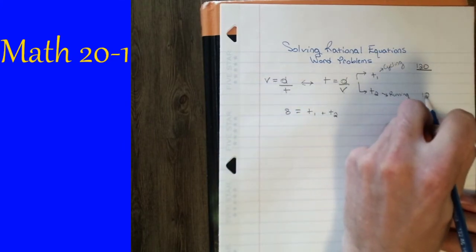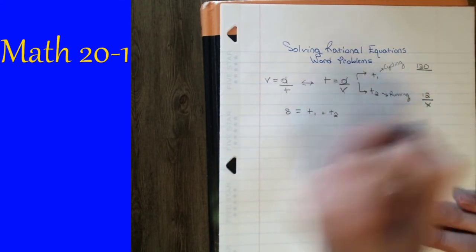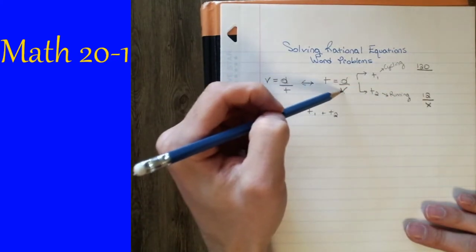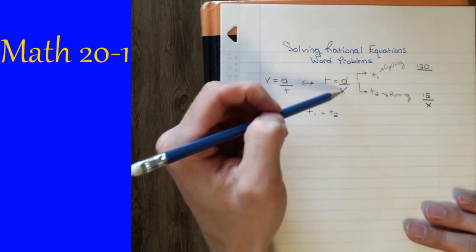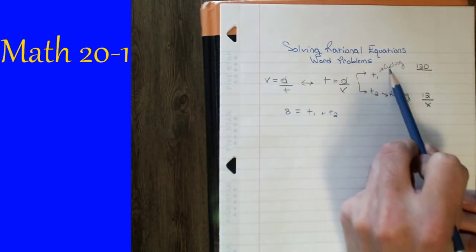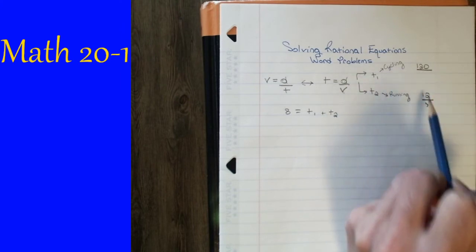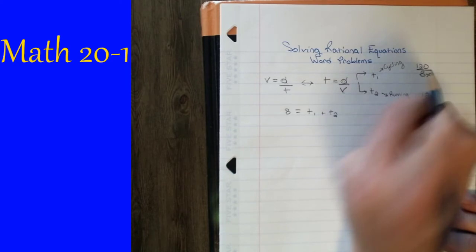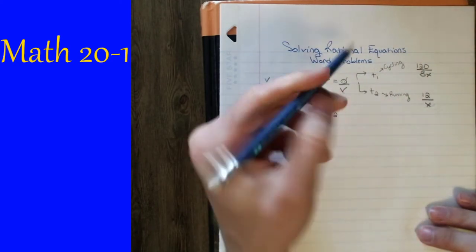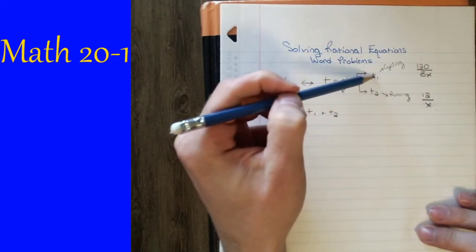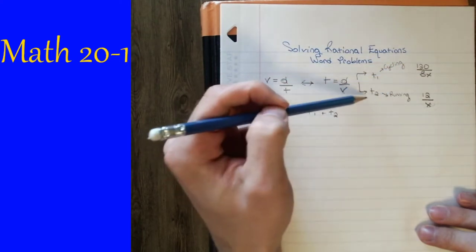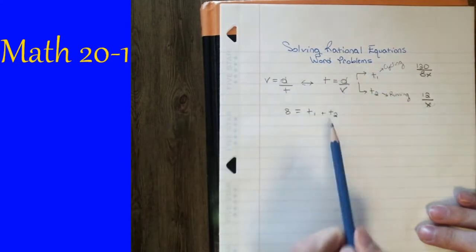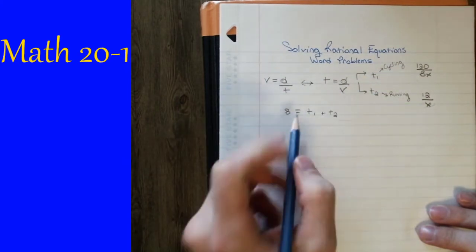I'm going to go over to the running, which is going to be, I'll say 12 over x. 12 being the distance over the speed at which Richard runs. We also know that he cycles, so I'll come back to this, he cycles 8 times faster than that speed. So I can put 8x there. And this represents time 1, 120 over 8x. Time 2 is represented by 12 over x.